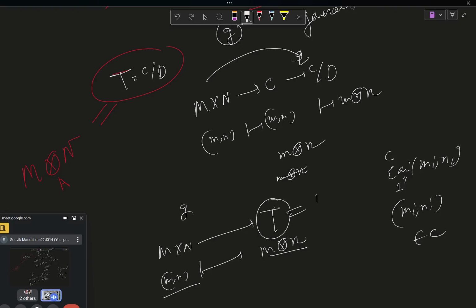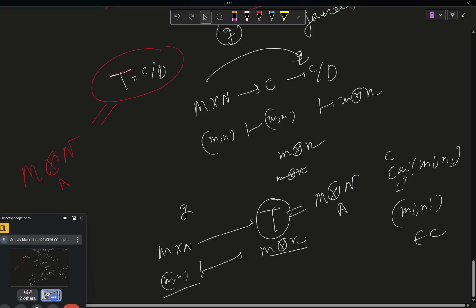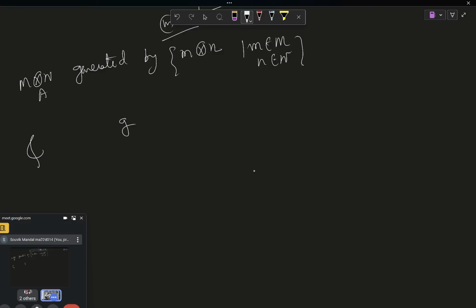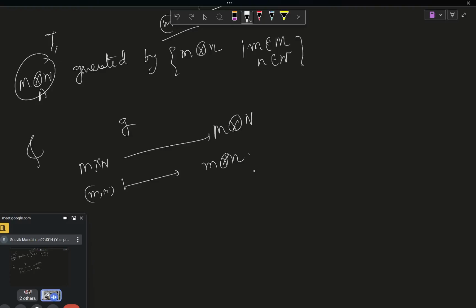This T we write as M tensor N over the ring A. So this is our T, and this is the map g.